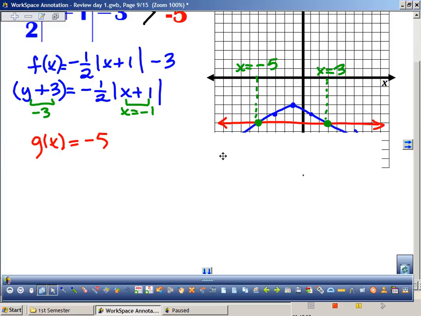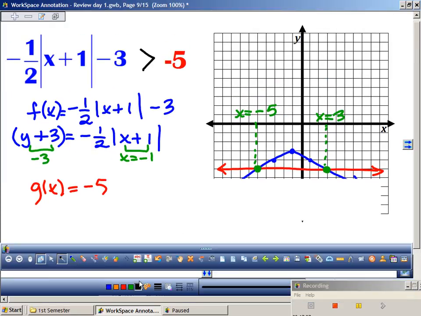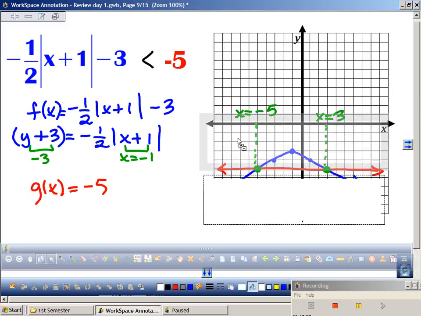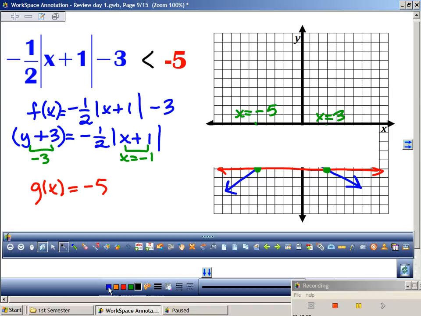All right, let's do it this way. Let's make it less than, and see what happens. So let's talk about the graph when it's less than the red line. Can you guys plainly see that the graph is doing this?